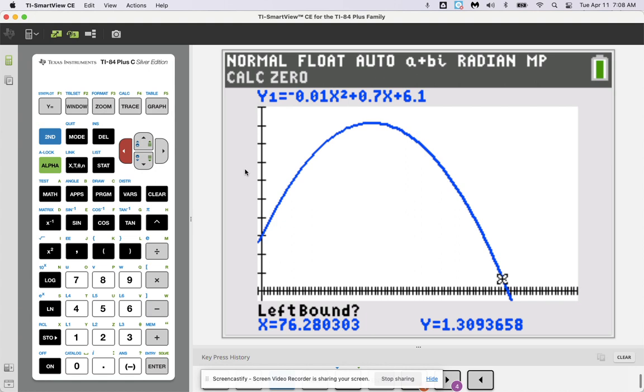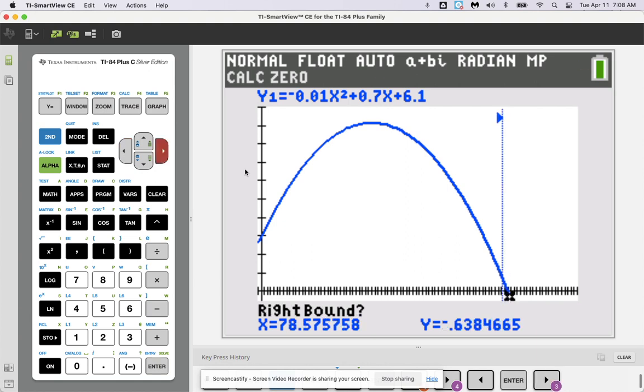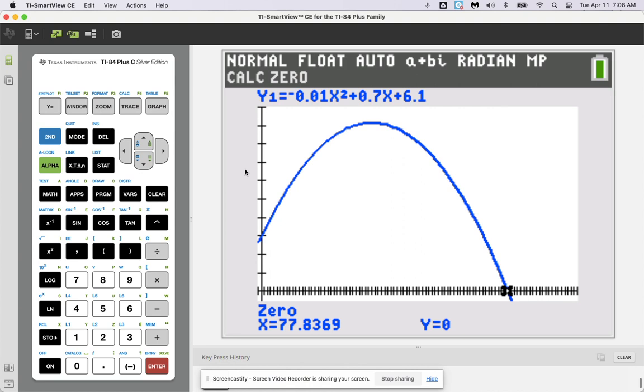The reason that I left that little bit of room is the calculator can be a little bit finicky when you try to move the cursor off the screen completely. So I left a little bit of room so that I can move it and still be on the screen, but be below the x-axis so that I can figure out where my 0 actually is. So we anticipate that this object will land at a horizontal distance of about 77.8 feet.